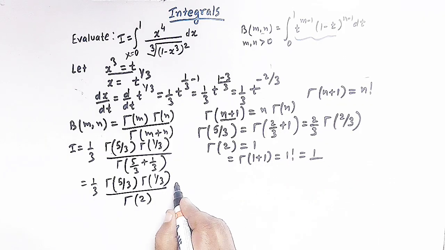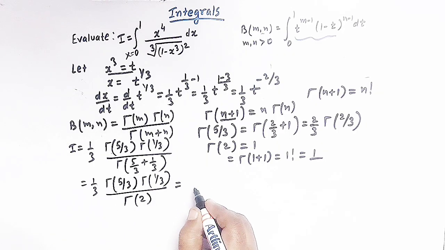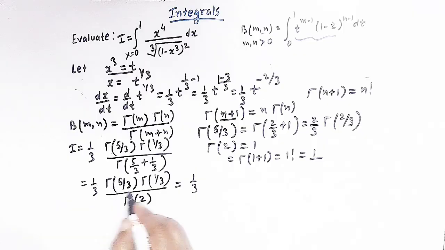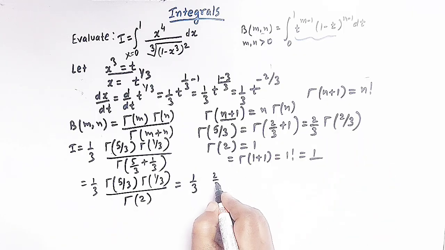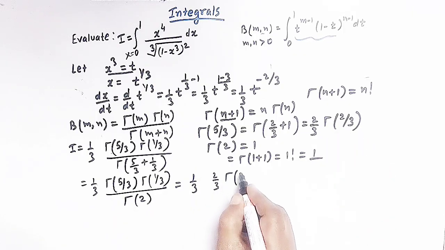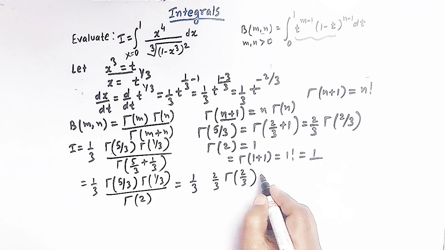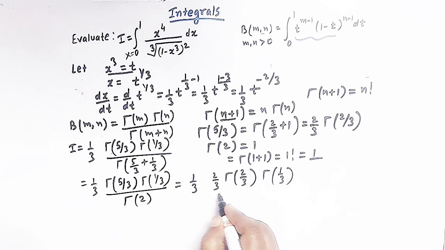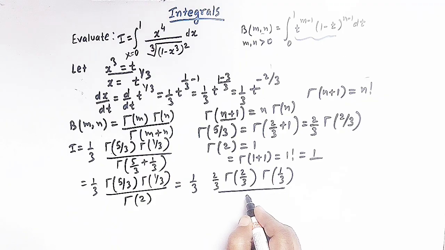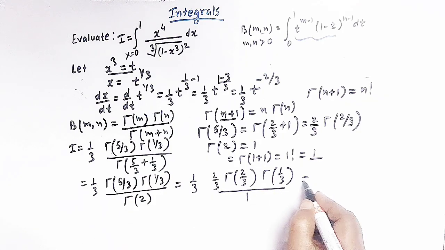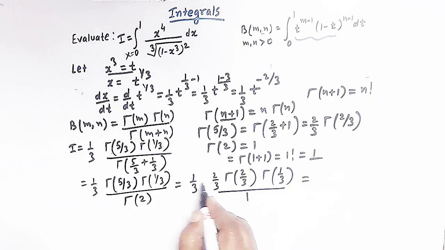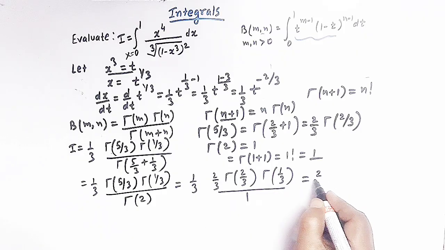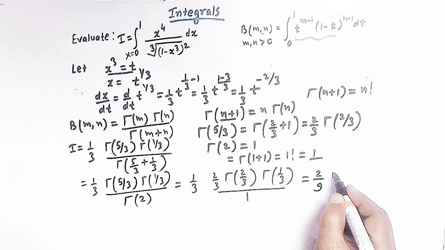So now we can write this expression as 1 over 3, gamma 5 over 3 can be written as 2 over 3 gamma 2 over 3, and then we have gamma 1 over 3, and in the denominator we have 1. So now here we can multiply these two fractions, so we have 2 over 9.